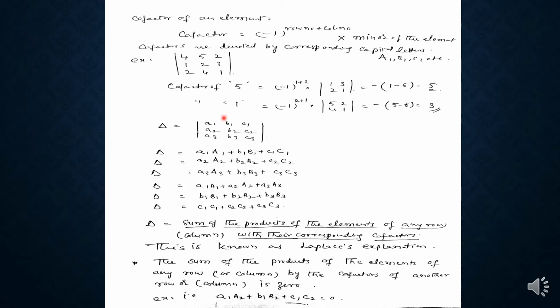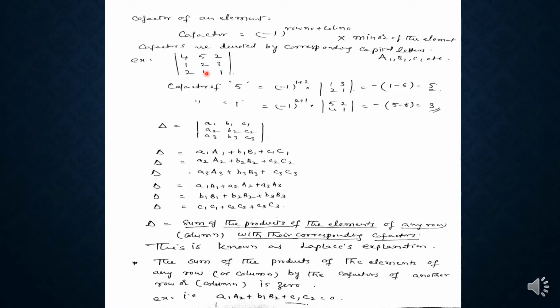Thus we will get a minus sign for the cofactors of 5 and 4, because 5 is in the first row, second column, meaning minus 1 to the power of 1 plus 2, minus 1 cubed, which gives minus. Here, second row and first column, minus 1 to the power of 2 plus 1, gives minus.